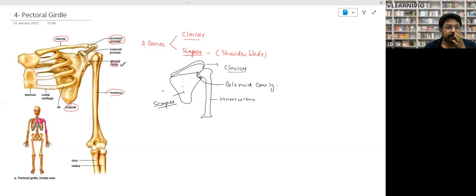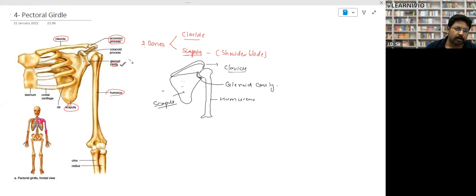By the way, this scapula has a pit or depression, and this depression is known as the glenoid cavity.